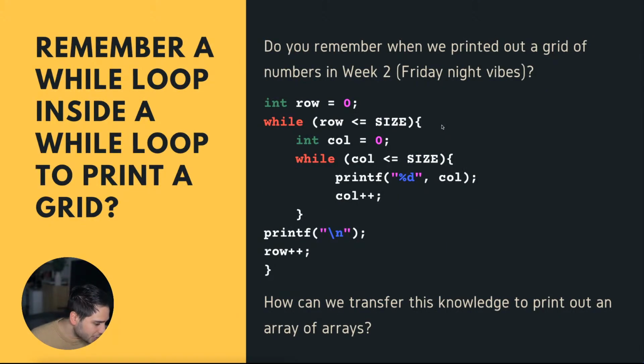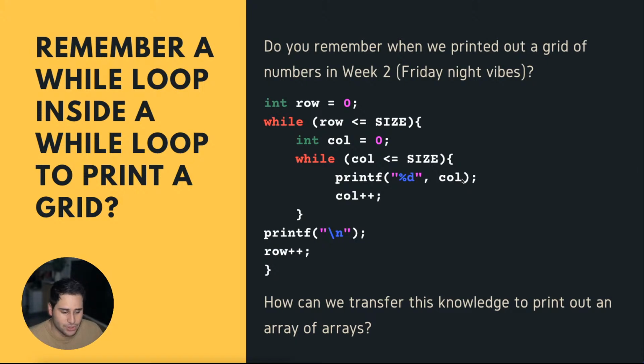Okay, so I think the only part that's really going to trick people up is using while loops to access 2D arrays. So typically you would have a single while loop that would loop through each element of the array, accessing each individual container.